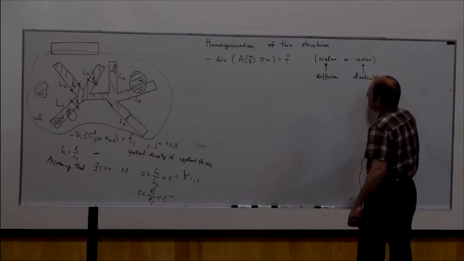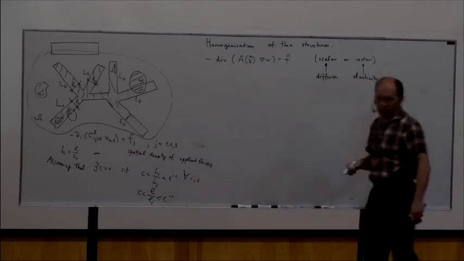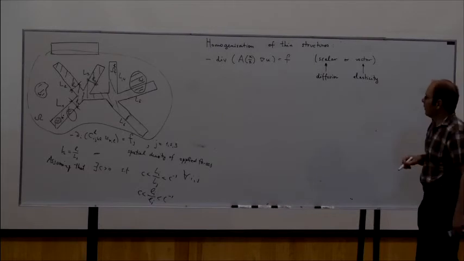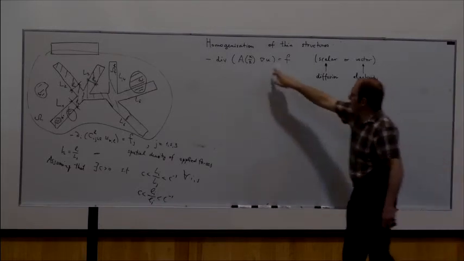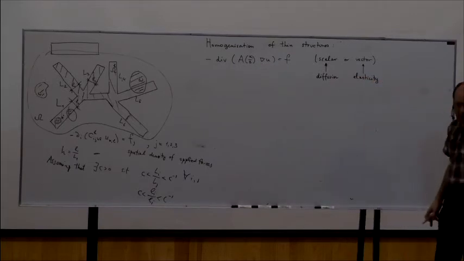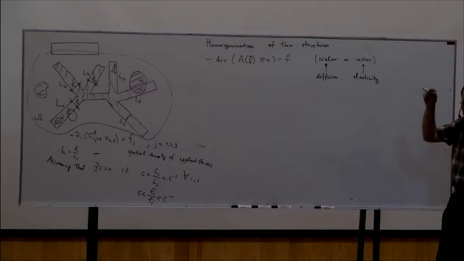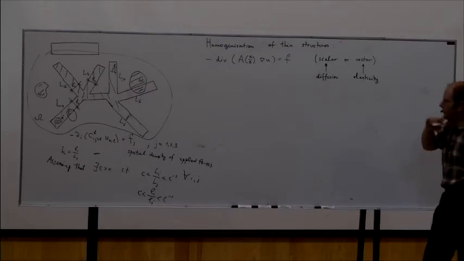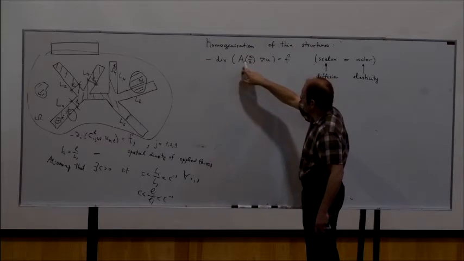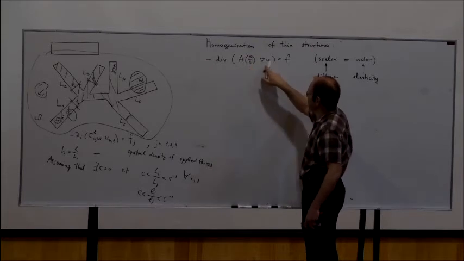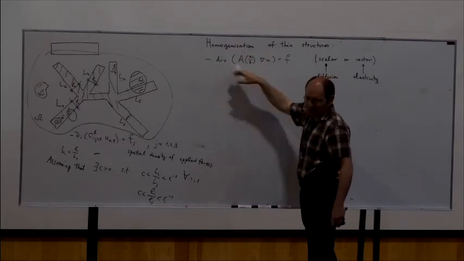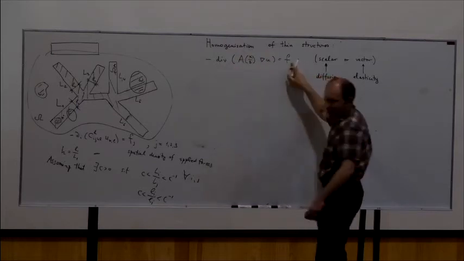In the case of elasticity, A is a fourth order tensor that we called C, and U is the displacement. This gradient is a matrix. So you take the gradient of each component of the displacement. So then when you take the product of this fourth order tensor and the matrix, you have a matrix, and then the divergence is taken row-wise, and you get a vector.